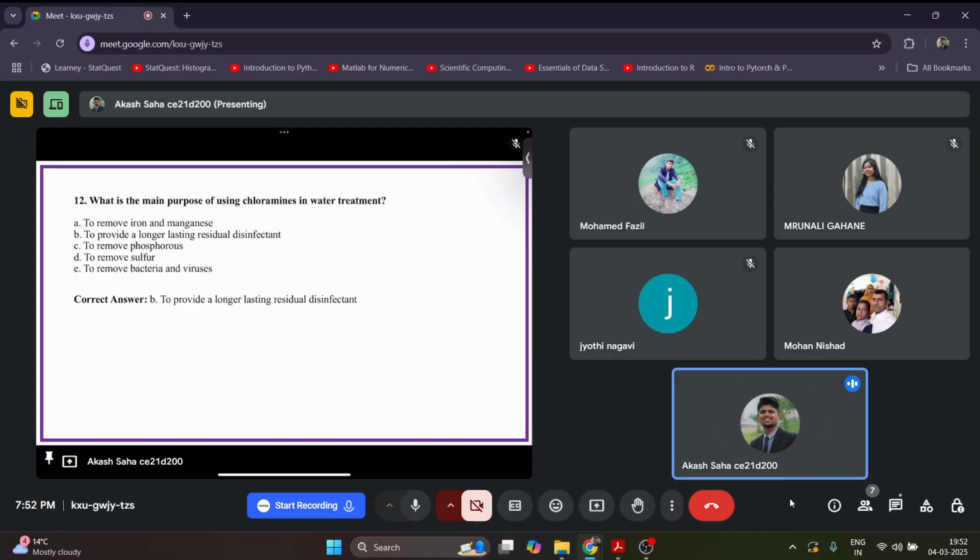Sir, is chlorine disinfection more effective at low pH or high pH? It will be more effective at a pH around 4 to 5, because at this pH it will be in the form of HOCl.